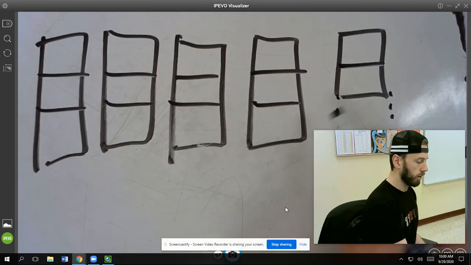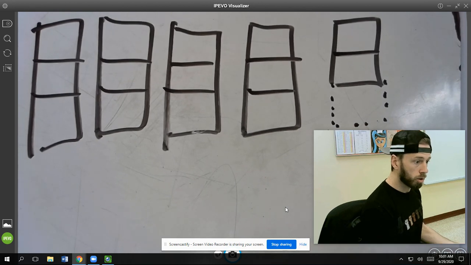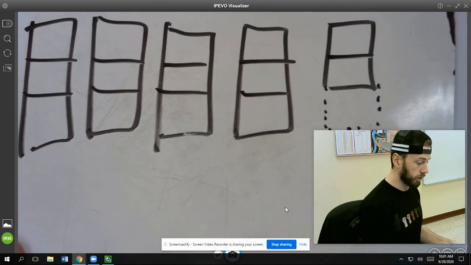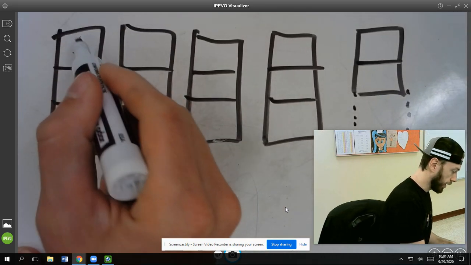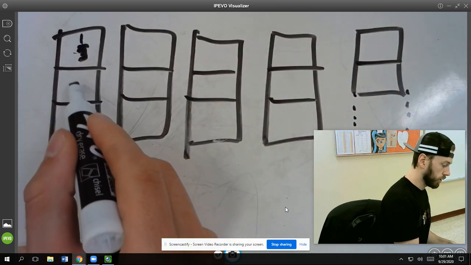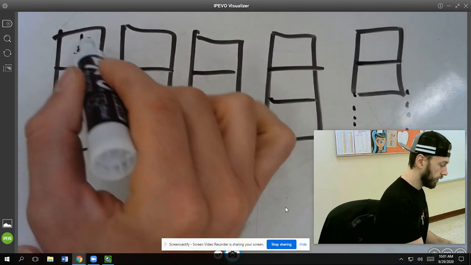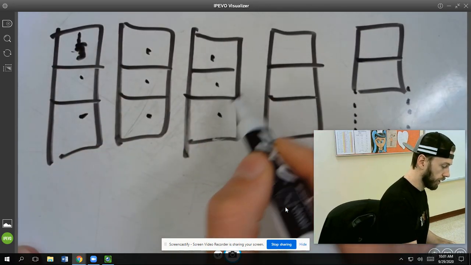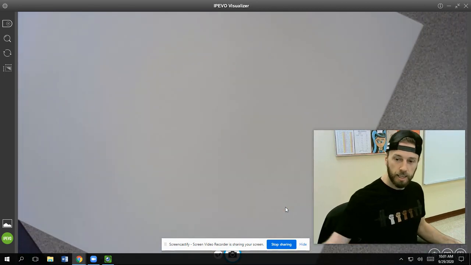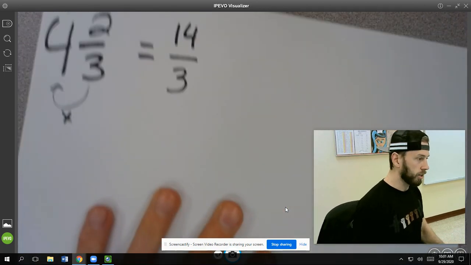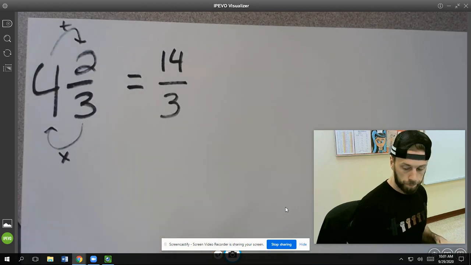So there's 4 and 2/3. But this also could be called, check this out, like I just said, 14 thirds. This is a third right here, right? This is 1/3. Well, so is this. This is all 1/3. This is 1, 2, 3, 4, 5, 6, 7, 8, 9, 10, 11, 12, 13, 14 thirds. So now you can see that 4 and 2/3 and 14 thirds are the same thing, just written a different way.